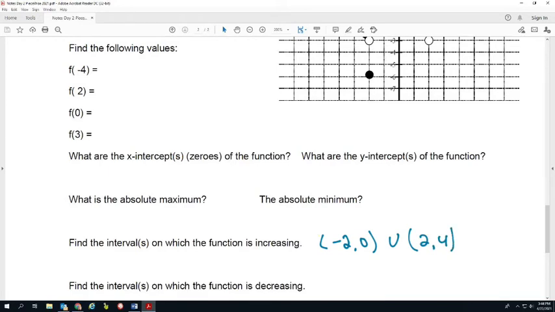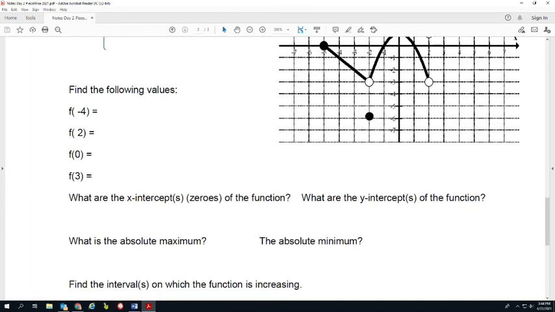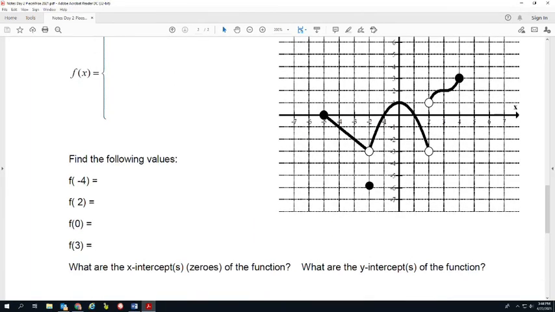Where it's decreasing would be where you see the graph going down as you read it left to right. So right here, it's going down as you read it left to right, and as you read this from left to right, it's going down. So we would write that as negative 5 to negative 2, union, and then 0 to positive 2.